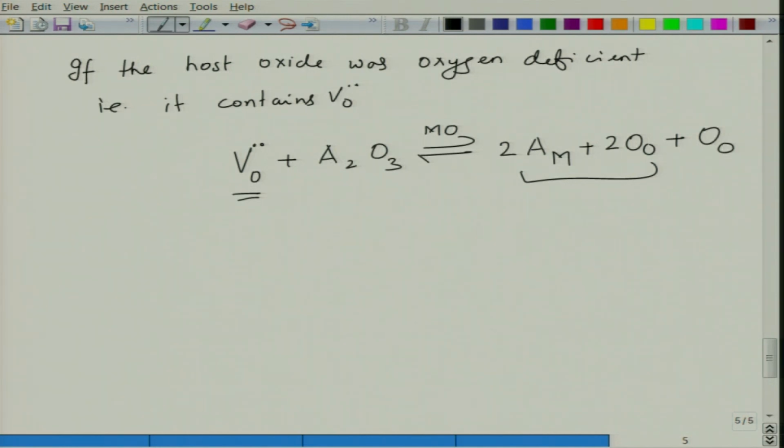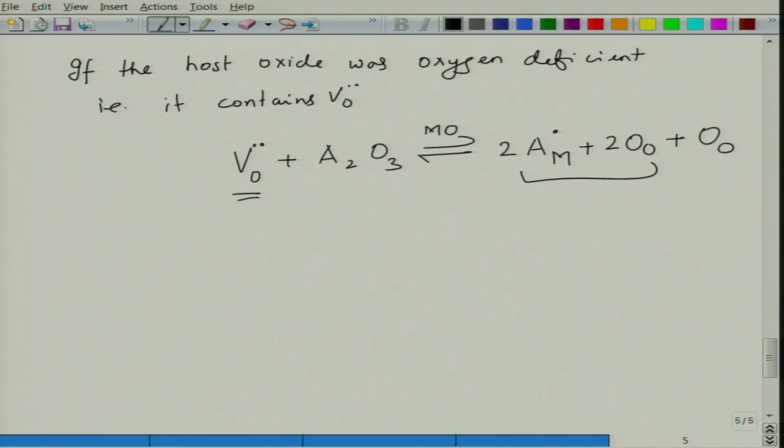So, this is basically another way. You can write this as 2A_M dot plus 3O_O. This is positively charged, this is again positively charged. So, you have positive charges balancing each other, the sites balancing each other.